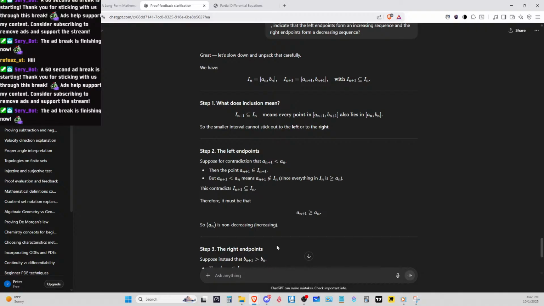So the smaller the interval cannot stick out to the left or to the right.